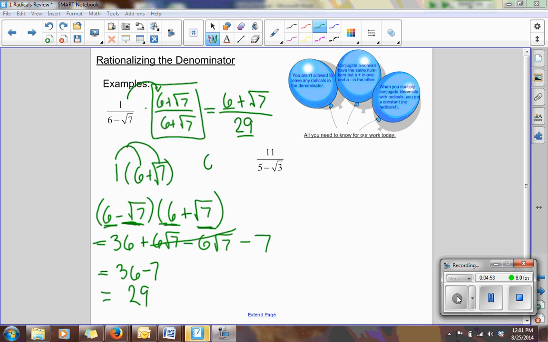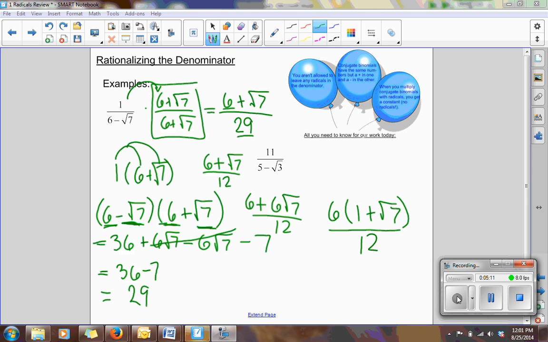So for example, if we had 6 plus square root of 7 over 12, we can't cancel there. But where we could cancel is if we had 6 plus 6 square roots of 7 over 12, and we can factor out a 6. So we have 1 plus the square root of 7. There we can cancel a 6 in both of those, and we get a 2 in our denominator. So just be careful with that.